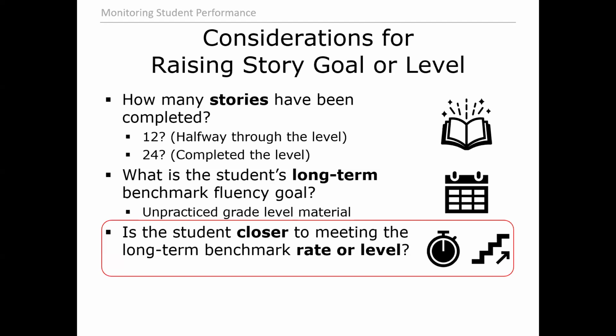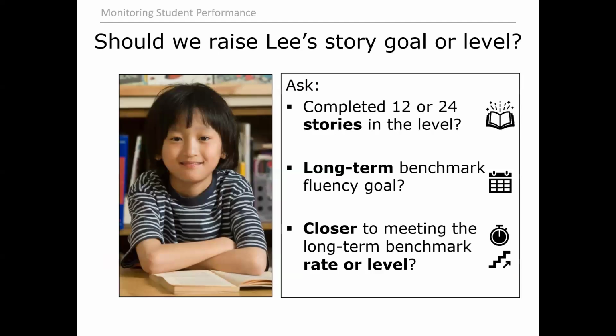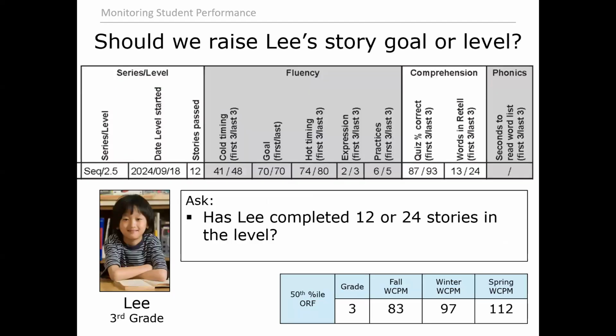And what you're basically asking yourself is, is this student reading closer to the grade level his peers are reading at, or is he reading closer to that pace that his peers are able to read at? All right. So we're going to ask ourselves these three questions with all of Lee's data present. So you can take a look at it and we'll walk through how to analyze this.